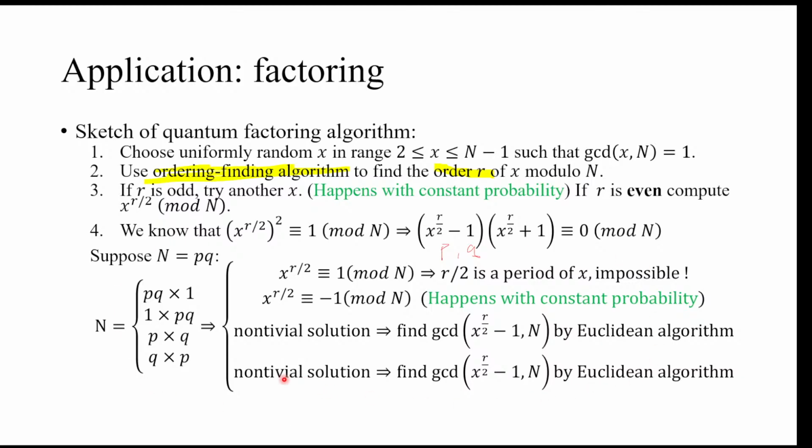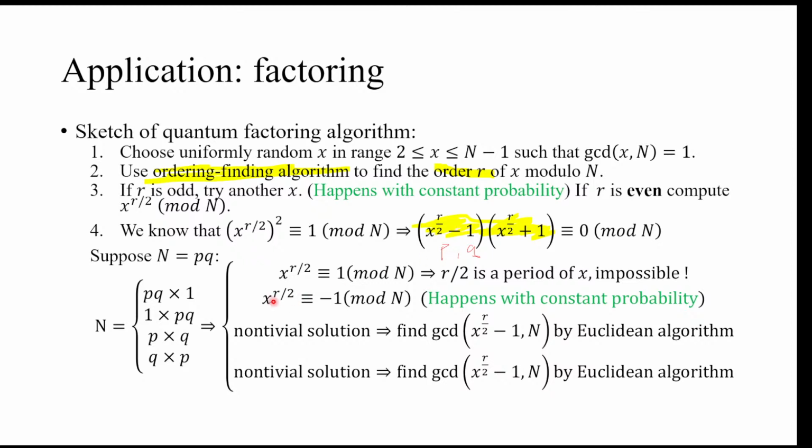Anyway, we have x to the r over 2 squared equal to 1, and we have this decomposition. This is the starting point. Now this part is subtle, so I need to actually read the slide.